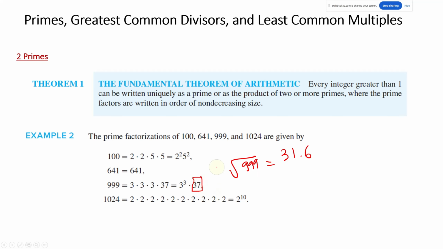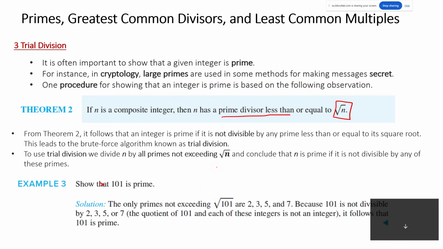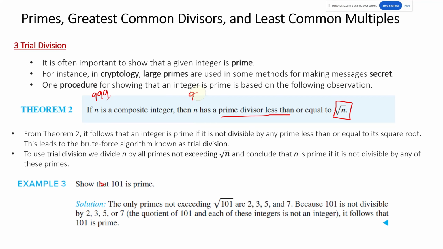Now there's something wrong, right? Can you spot the problem? In my case here, the number is 999, and the theorem says that 999 has a prime divisor less than or equal to the square root of it, which is 31.6.